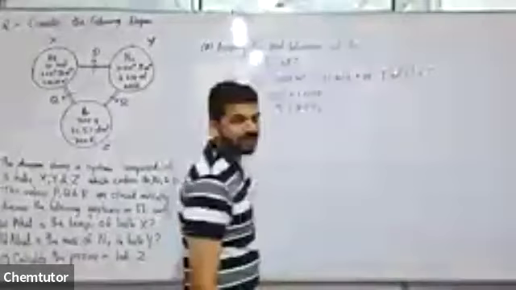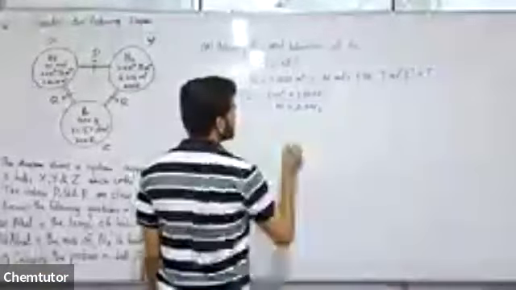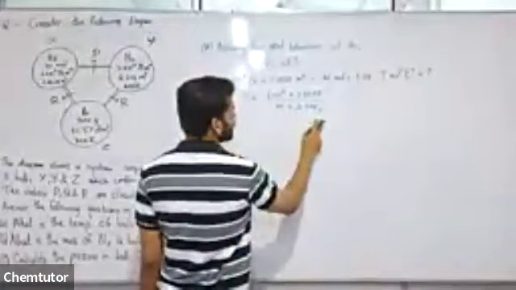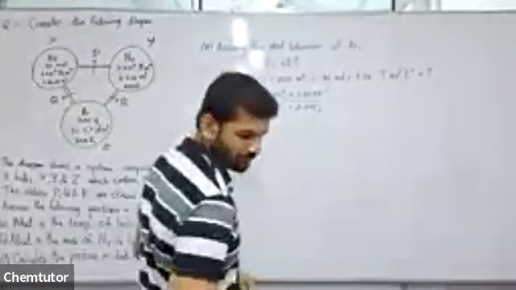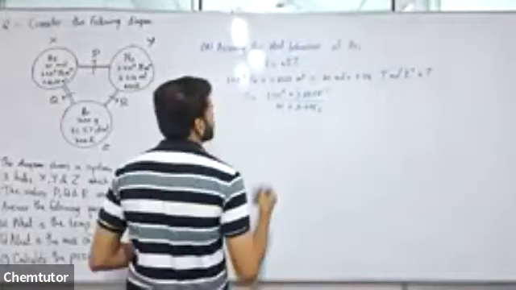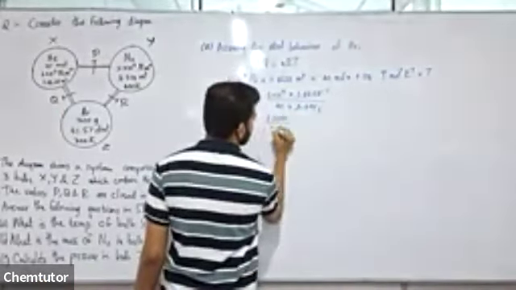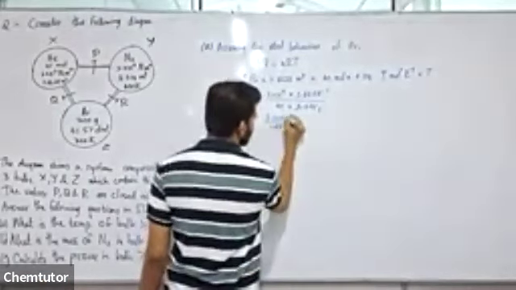Remember these values, they always give the values like this. It's times 5. Then that is 6 into 10 to the power 4 divided by 200. Two zeros are cancelled off. 600 divided by 2, the answer is 300 Kelvin.